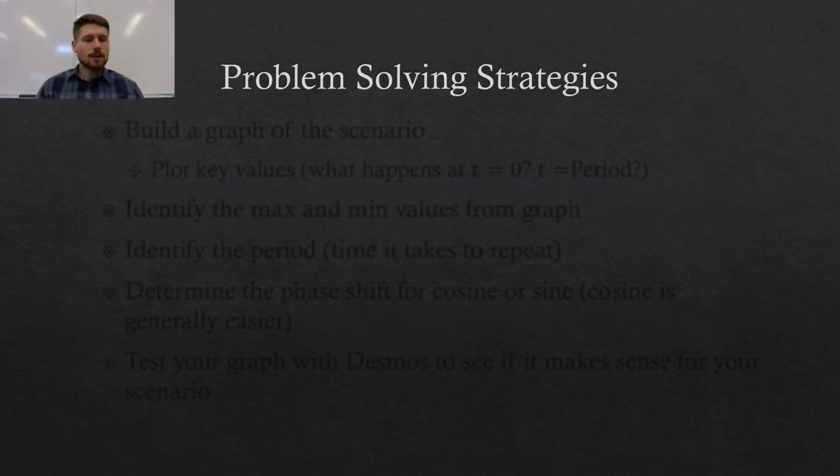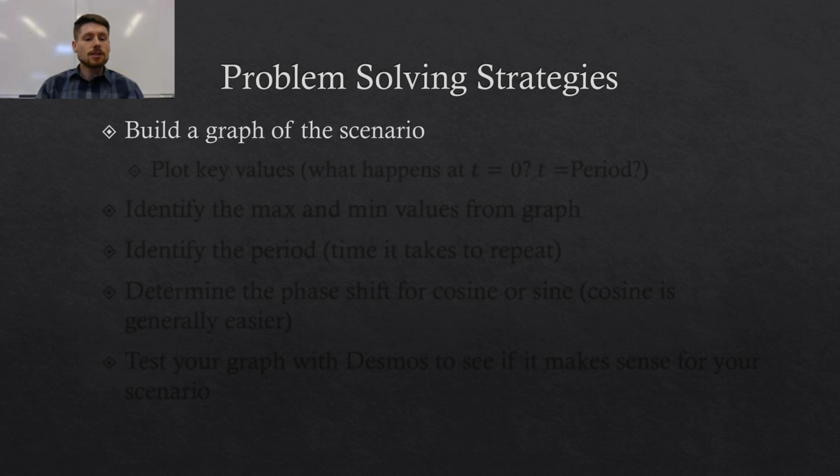So I'm going to list out some problem-solving strategies. These are kind of like steps you want to think about when you're coming up with a model. And the first thing to do is to try to build a graph of the scenario. So take the scenario and tease out what are the important times and important values, and then start plotting those.